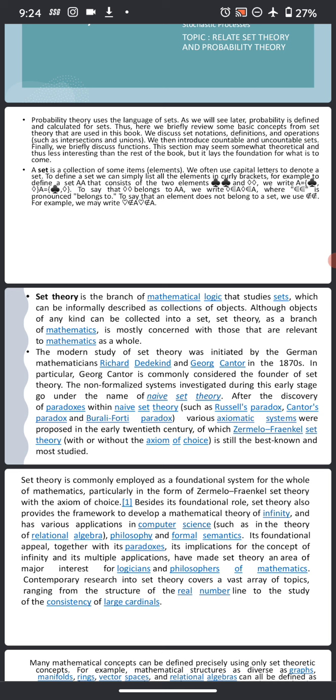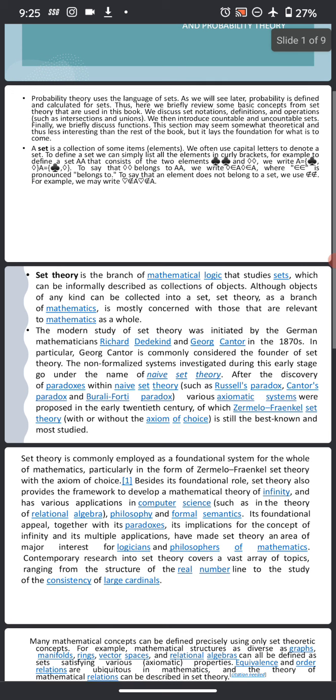To say that an element belongs to A, we write it with the symbol for belongs to. To say that an element does not belong to a set, we use does not belong to. We may write, for example, heart does not belong to A.